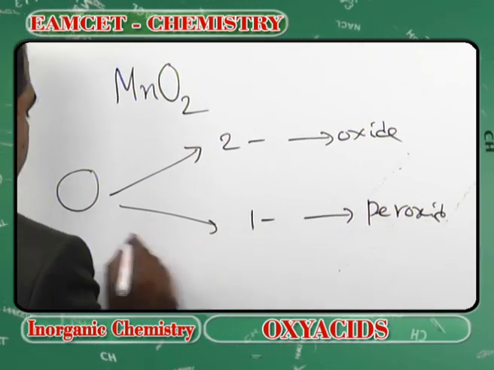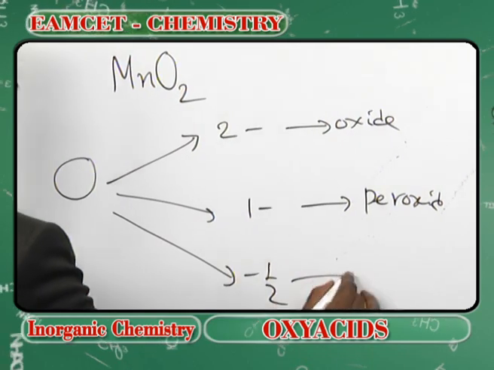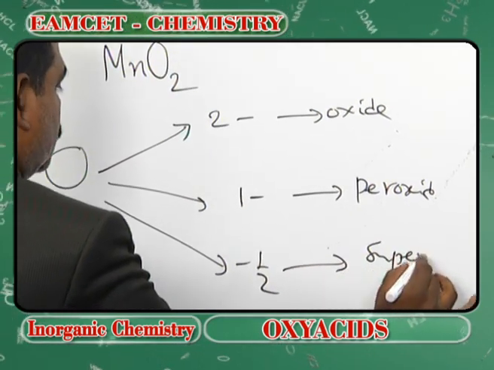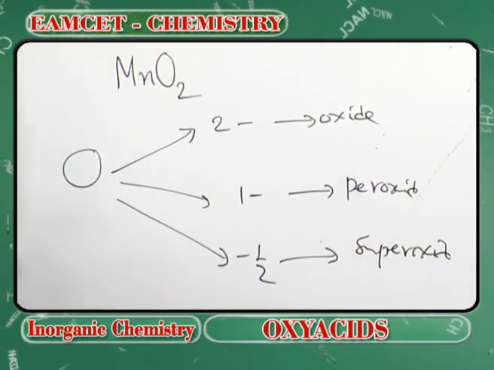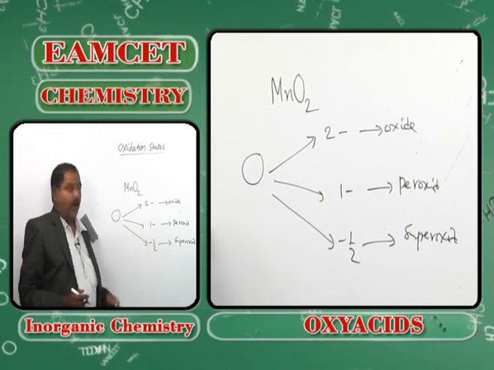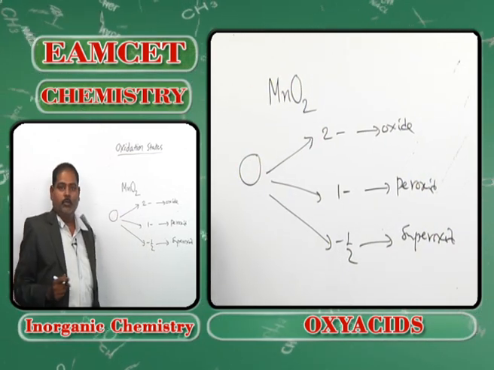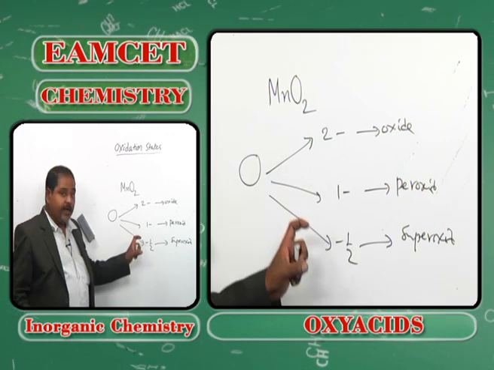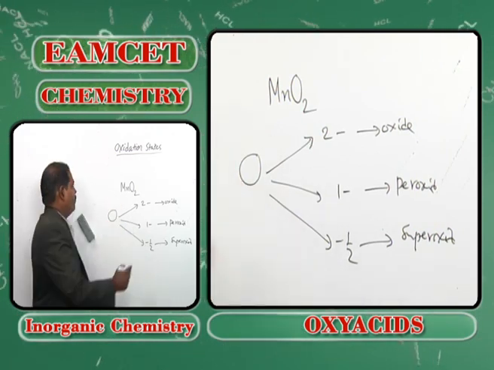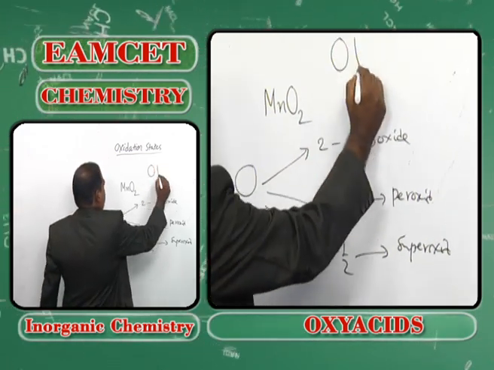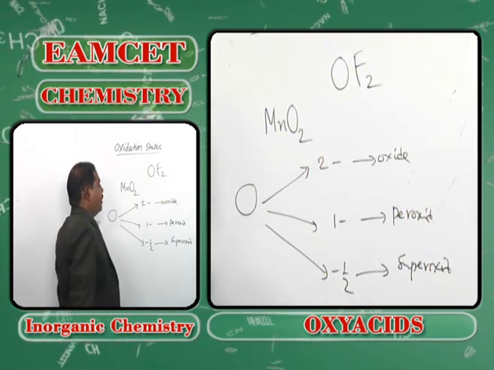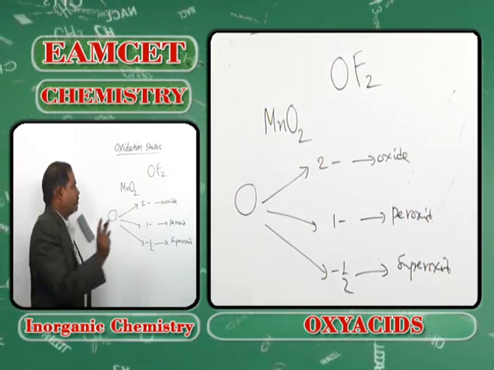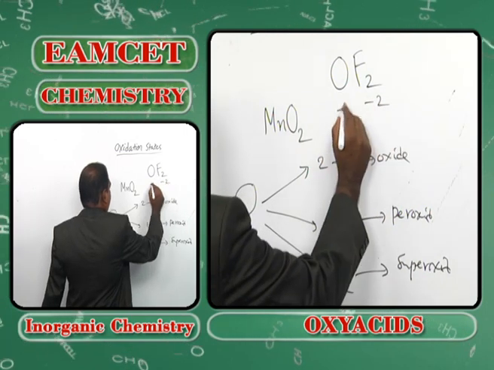If oxygen is -half, it is called a superoxide. So, how much is oxygen here? We don't know. How much is manganese? We don't know. But when there is an element with a fixed oxidation state, for example OF2, what are you sure about? Very sure about oxygen. Fluorine is -1, so oxygen is +2.